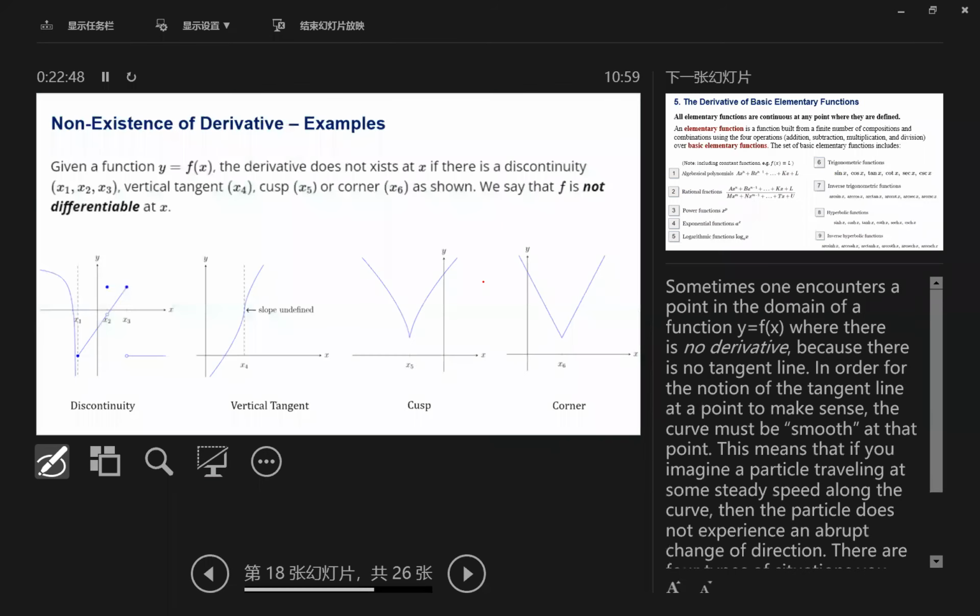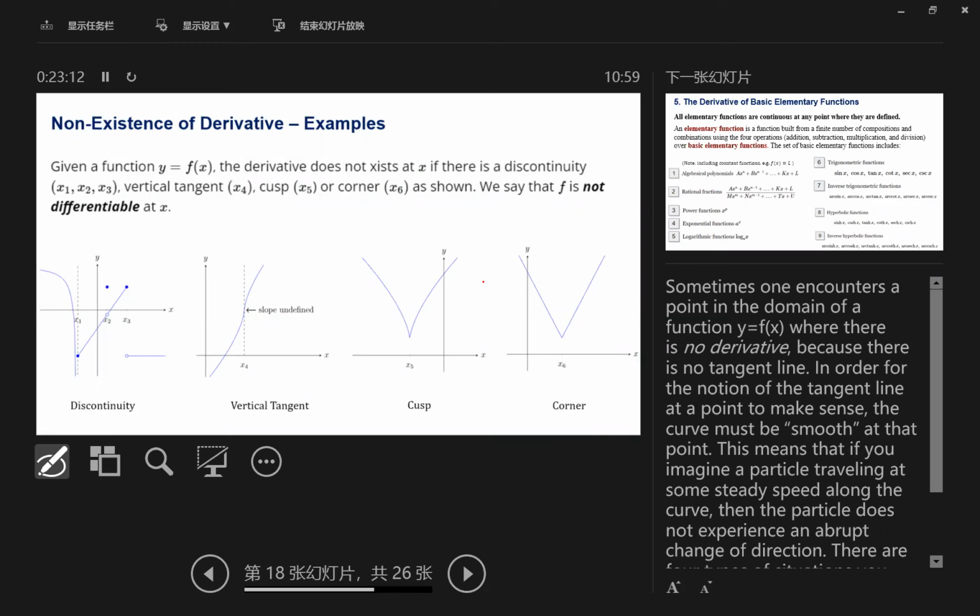Okay, so next we have just talked about a function, the derivative of function can be non-existent, right? So next, let's have a look at some typical conditions where the derivative of function cannot exist.